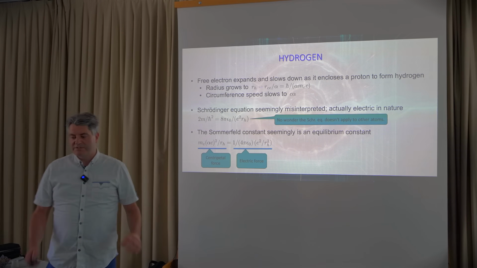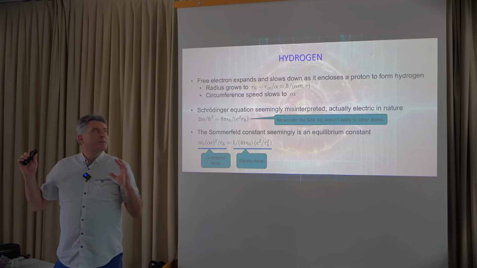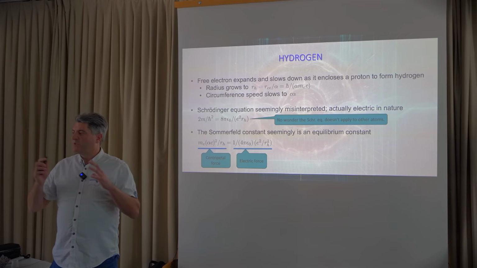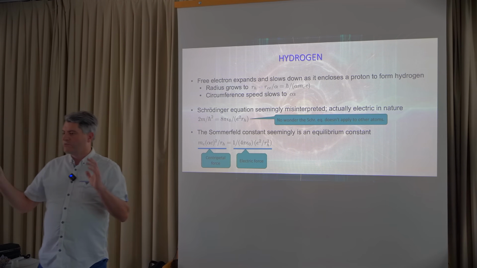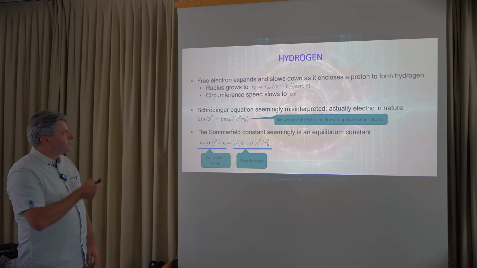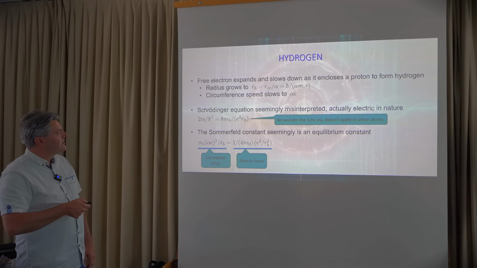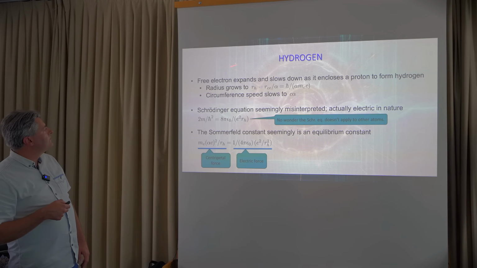In the model that I presented, the free, spherical electron would expand in size and slow down. I was saying that it was rotating at light speed, so it would slow down to a speed of c times alpha, and it would expand to the hydrogen radius, or Bohr radius.